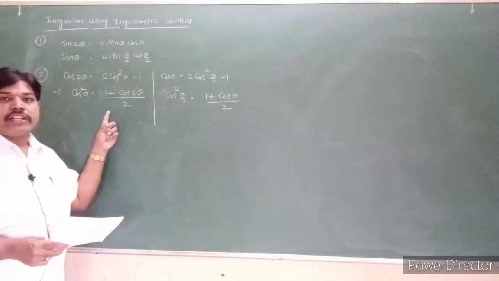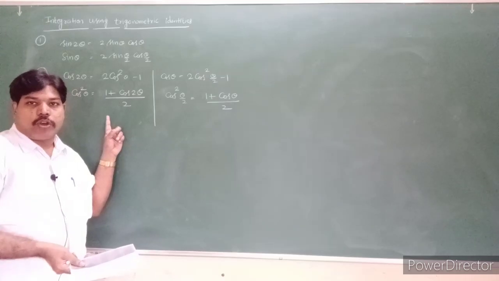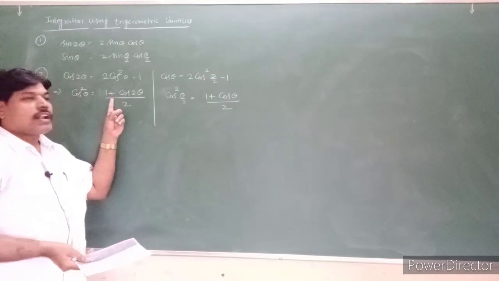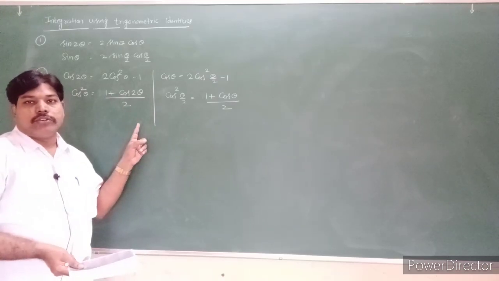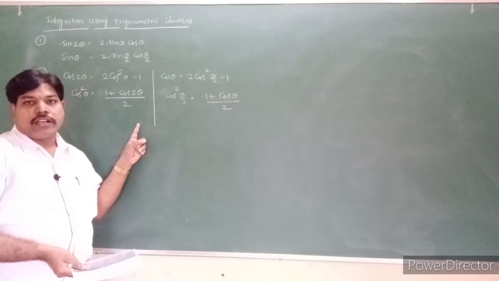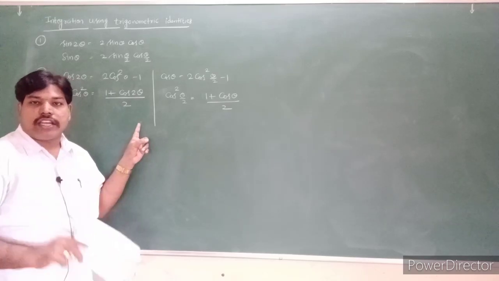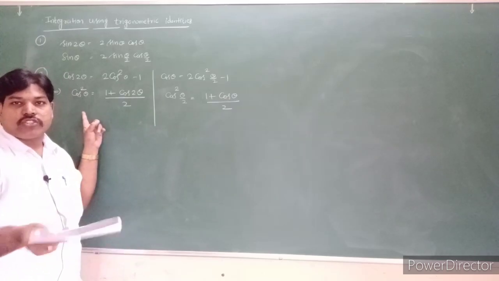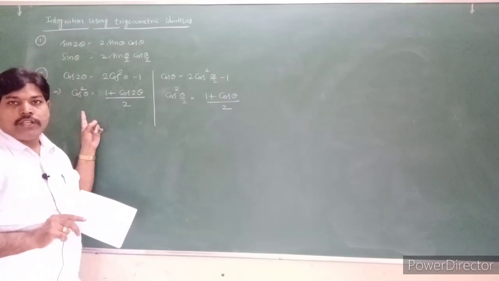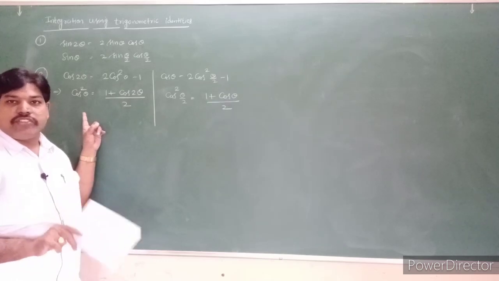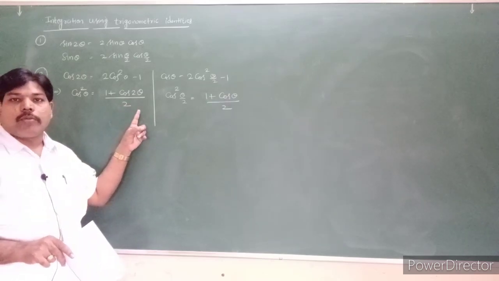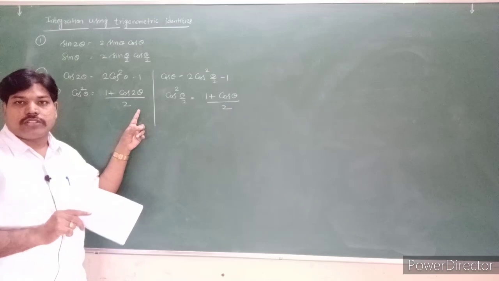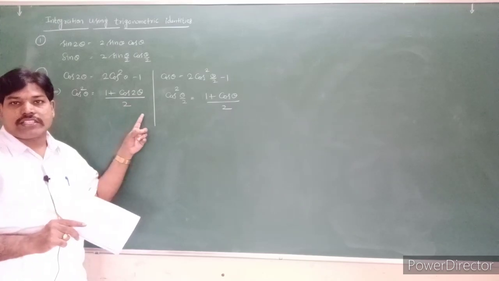When cos square theta is involved in the problem, we can write it as 1 plus cos 2 theta by 2. Why? Because you don't have a direct formula for the integral of cos square x dx. So if the integral of cos square x is given, you must convert the problem into this form. That's why you have to understand this formula.